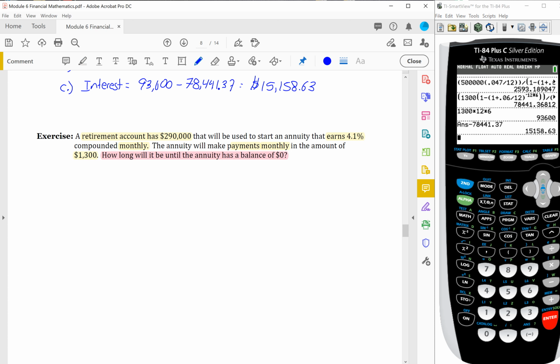Okay, let's start with our annuity formula. So again, this is in the payout phase, so we're receiving money.